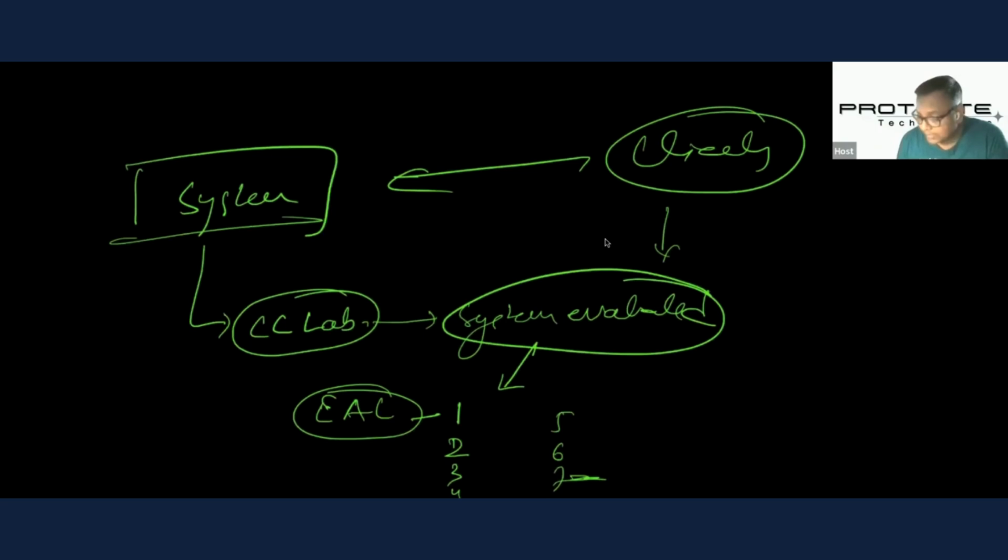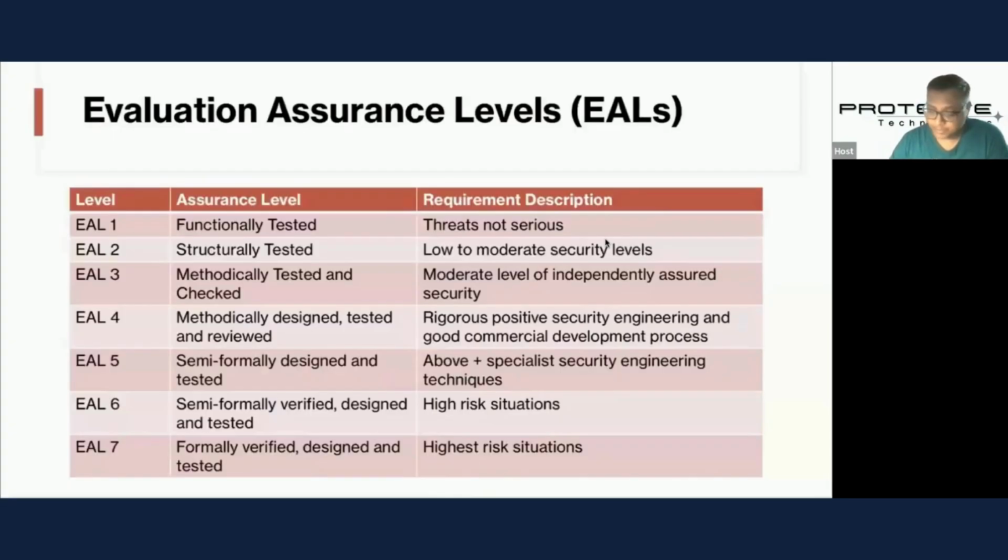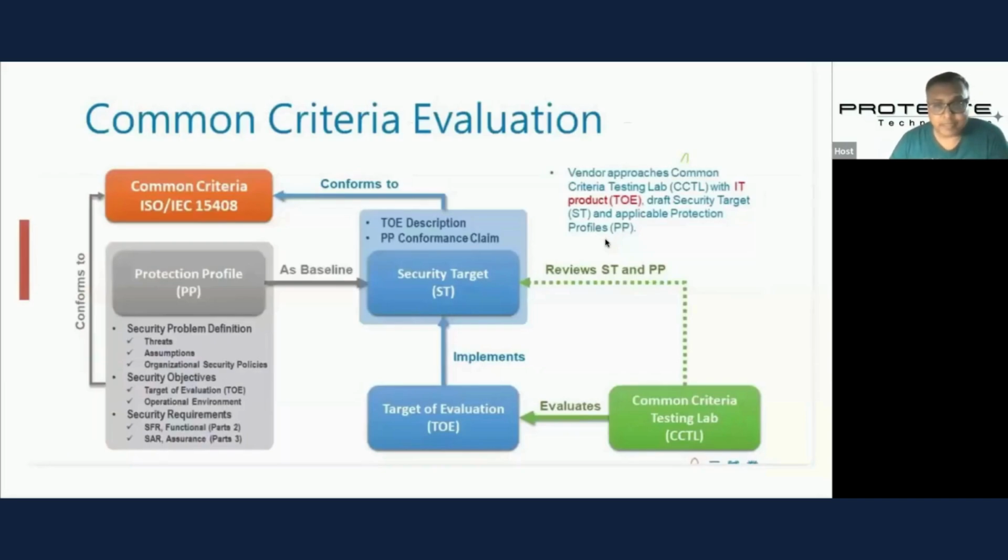EAL 4 and above, the systems are considered to be highly secure and highly tested systems. So you go to a common criteria testing lab and present the system which you want to get evaluated. The system which you want to get evaluated is called the target of evaluation.